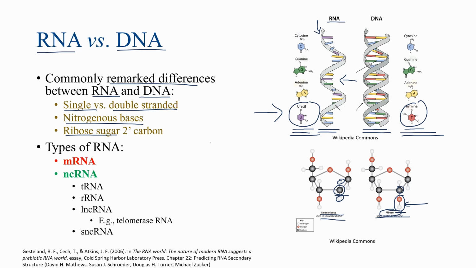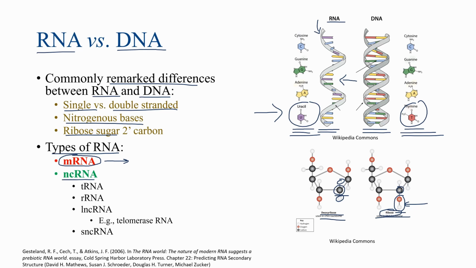Importantly, before I get into the secondary structures of RNA, I want to briefly discuss the types of RNAs that we find. A fundamental type of RNA that we understand all too well is the messenger RNA. And obviously, the messenger RNA is the RNA that will be utilized as a template for translation and protein synthesis. On the other hand, we have another category of RNA, which has a number of different RNA types under this category, and that is the non-coding RNA.